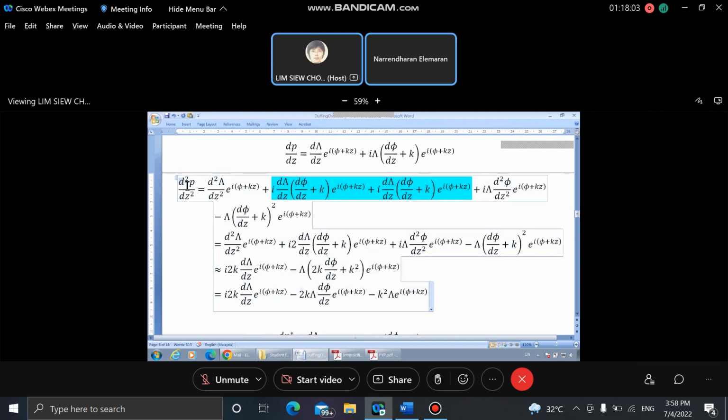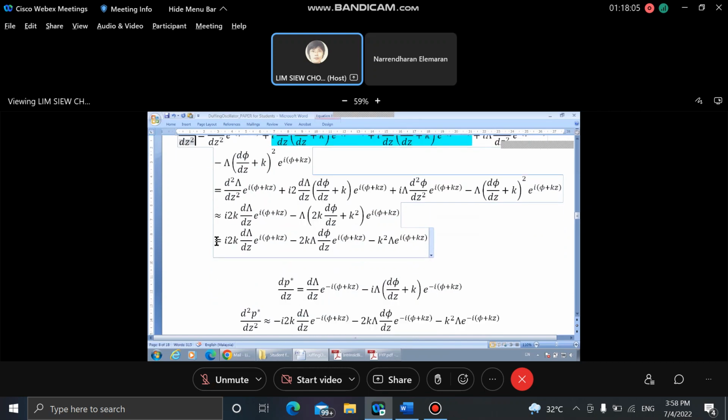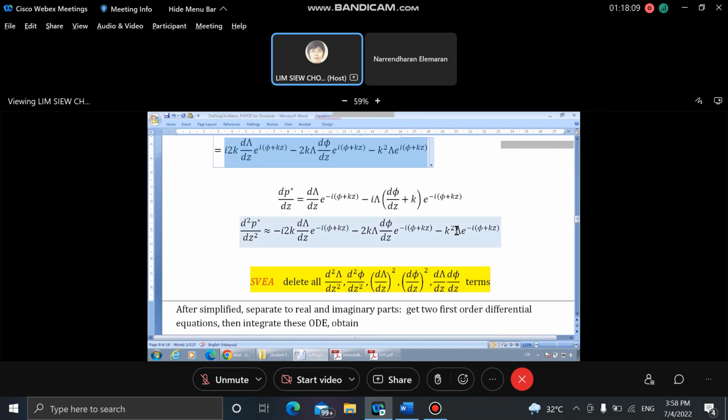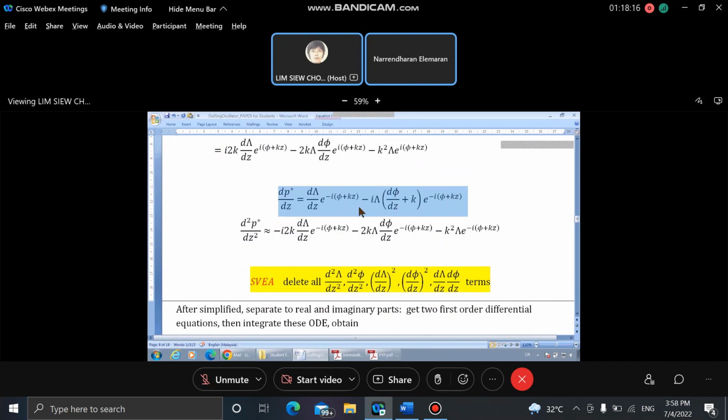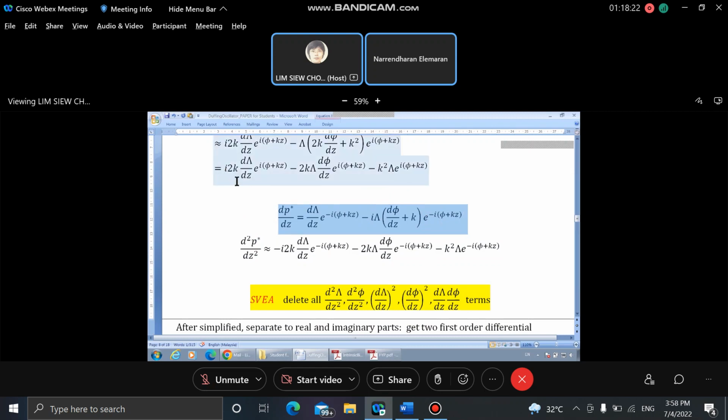For d2P over dz squared, after the SVEA, I have these 3 terms. And after this, do the conjugate, P star is the same thing, but with sign changes. So after this, you can work it out. And the result should be the same, except that whenever you see the i, you change the sign.